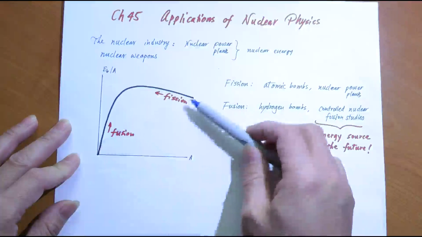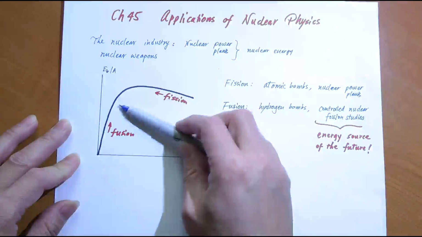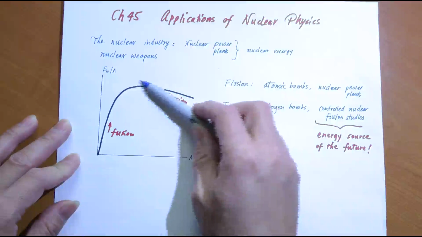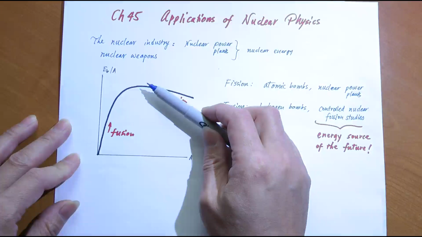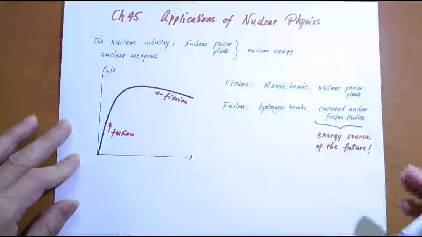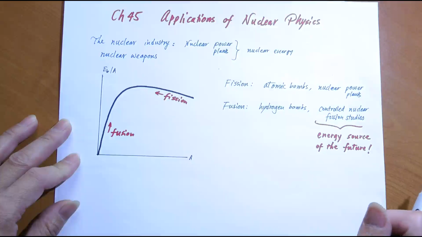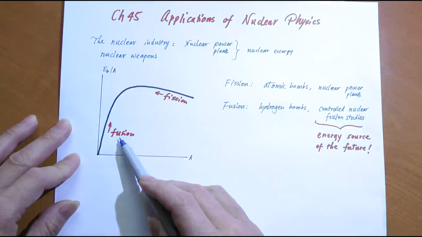So if we can take the heavier ones and split them apart, or take the lighter ones and fuse them together to reach more stable intermediate-sized particles, we can then lower the energy of the resultant particles, and therefore release this excess energy, and that is the energy that we can harness from the atomic nucleus. So here we split the atoms. Here we fuse the atoms together.